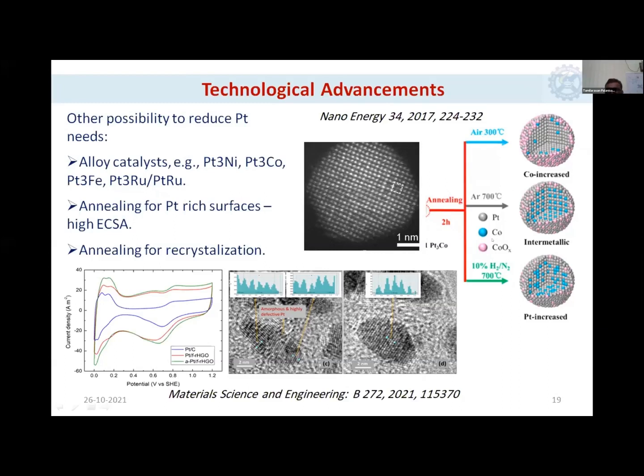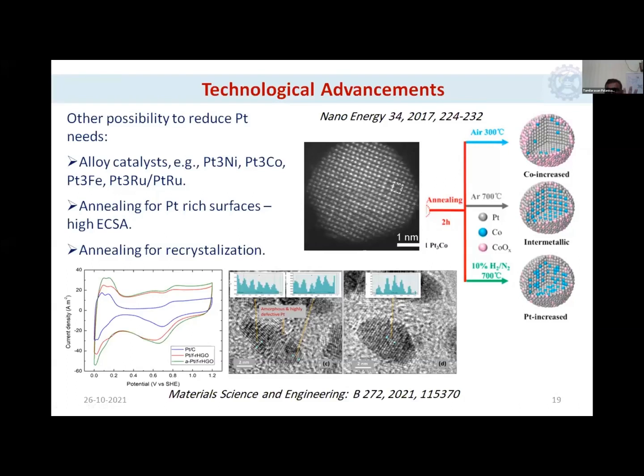Now you are seeing it's Pt3Co. In Pt3Co, the blue atoms are cobalt in elemental form, and the pink atoms are cobalt in oxide form. So the cobalt is accumulating on the surface and it is oxidized.